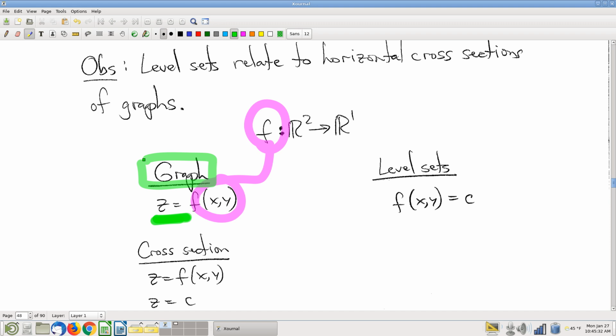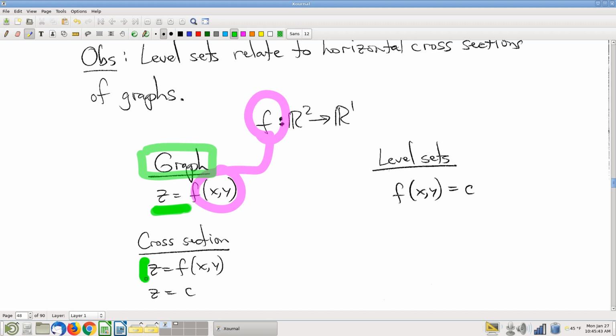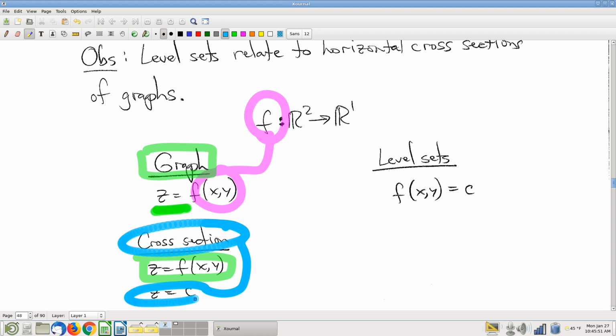So don't say y equals f of x comma y, because you're confusing your variables there. So that's how you make a graph. We talked a long time ago about how, if you have a graph, the way you can take a cross-section of the graph is to further require the equation of a plane.